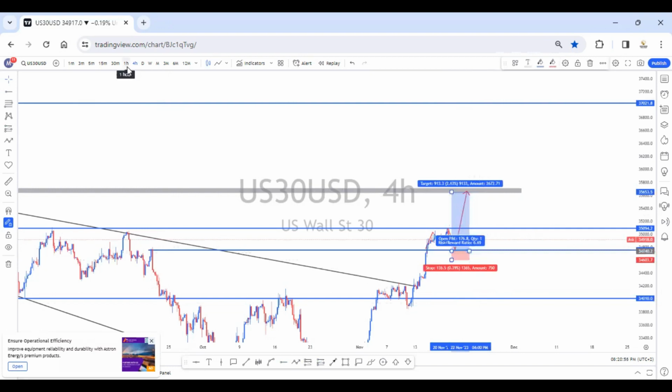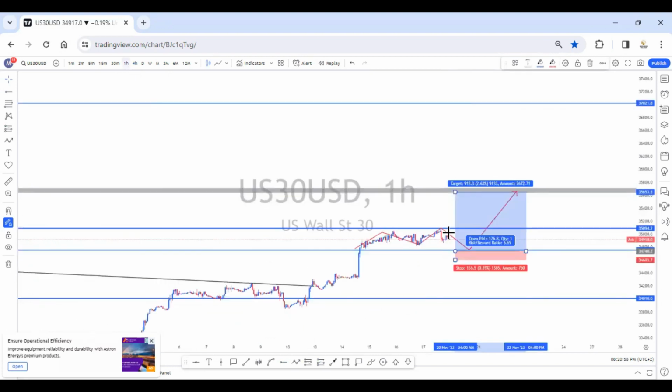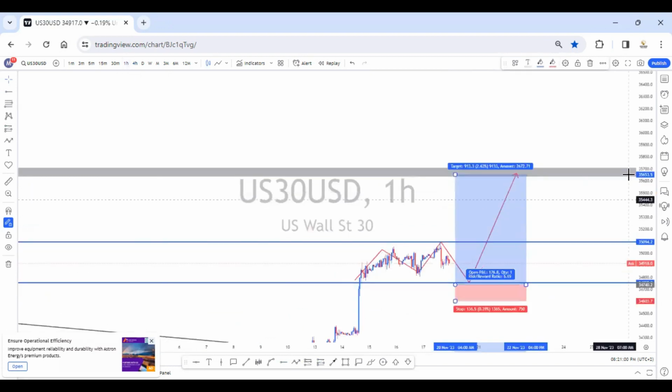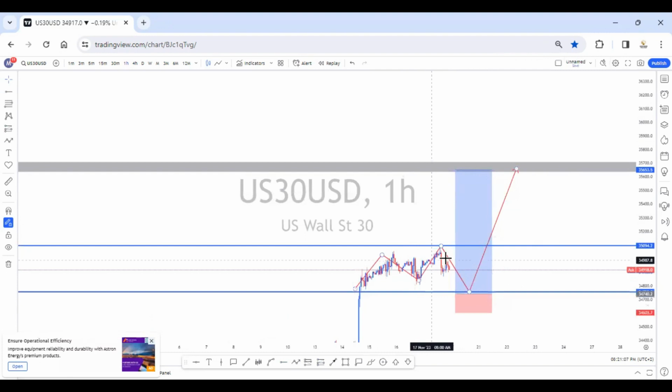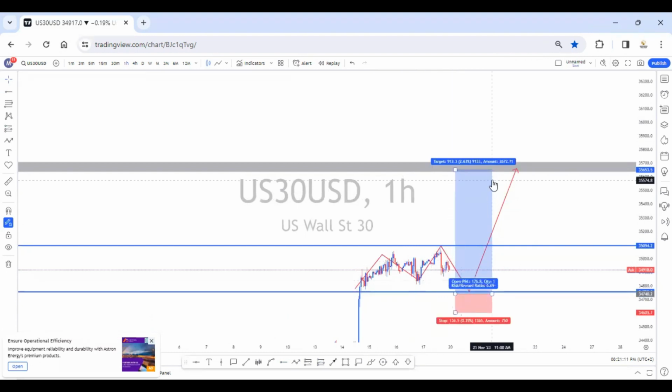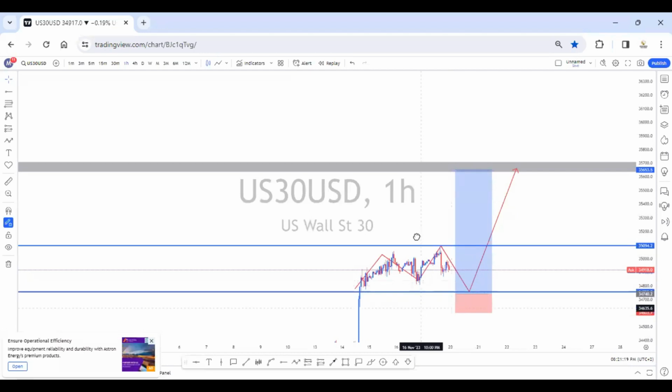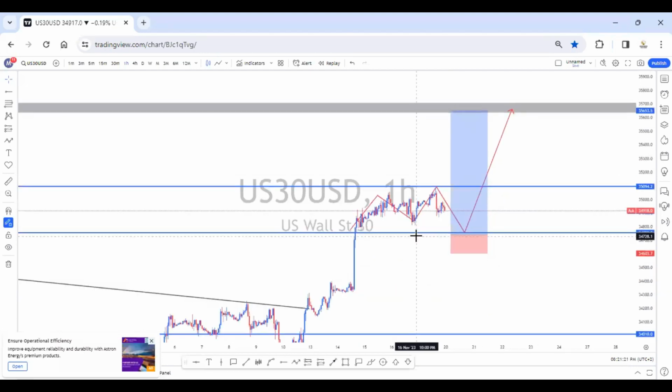I'll go to H1, because H1 is mainly used for the entry point. As you can see, we're still going to drop a little bit before we can catch another impulsive move to push to the upside. We're still expecting more buying opportunity. I'm not going to trade this selling opportunity because I don't want to find myself against the trend.